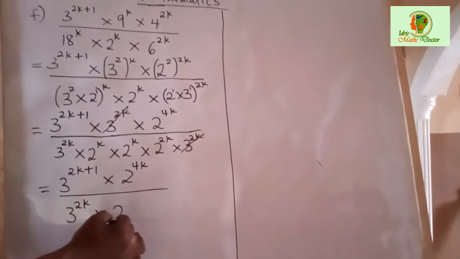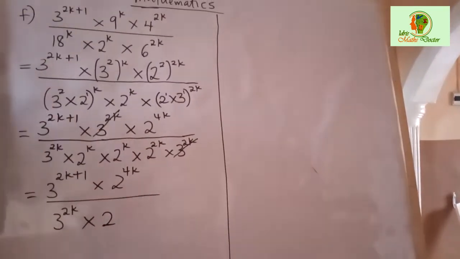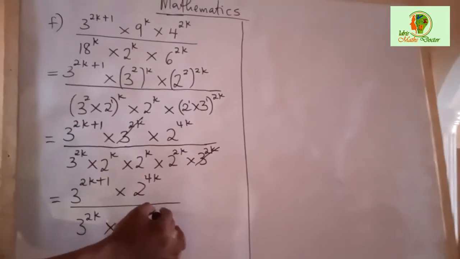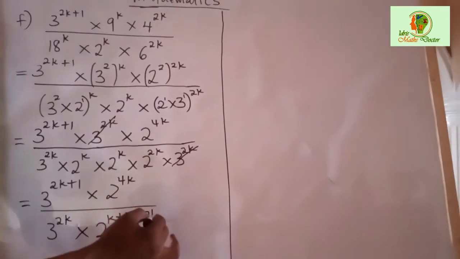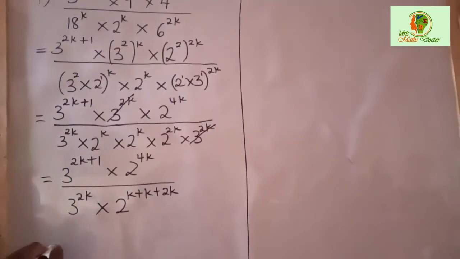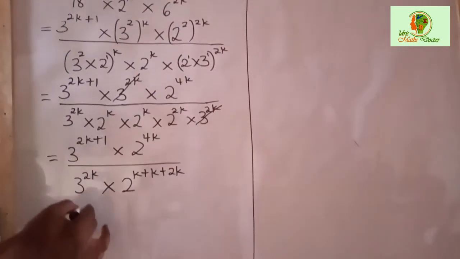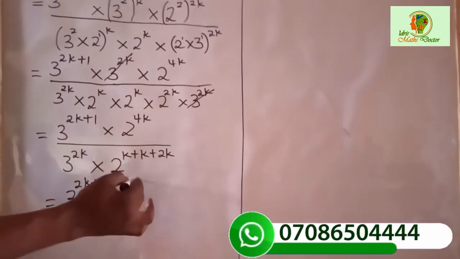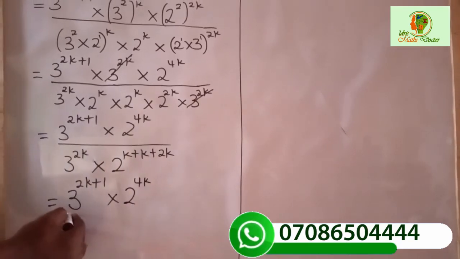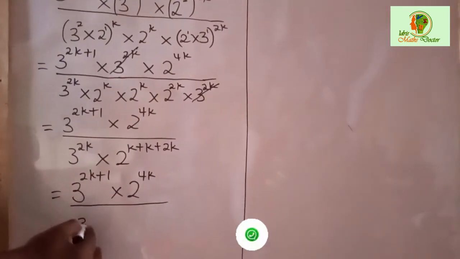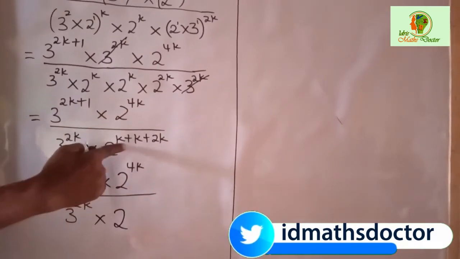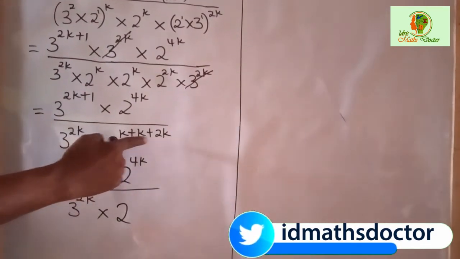Add the powers together, that is k plus k plus 2k. Is that okay? So that gives us 3 raised to power 2k plus 1 times 2 raised to power 4k all over 3 raised to power 2k times what? 2 raised to power k plus k is 2k, 2k plus 2k will give us 4k. So 2 raised to power 4k.